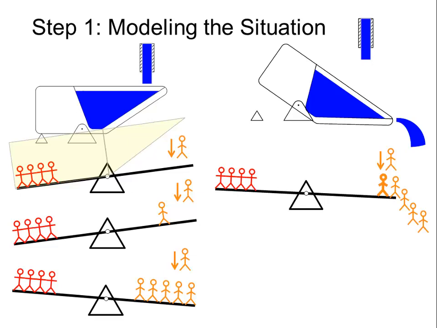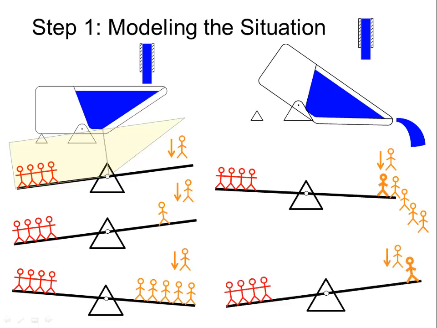As soon as the number of the orange persons on the right-hand side of the seesaw drops below 4, that of the red persons, the seesaw starts tilting back to the left. As a result, one of the orange people, sketched a little thicker than the rest, is unable to leave the seesaw and stays on.